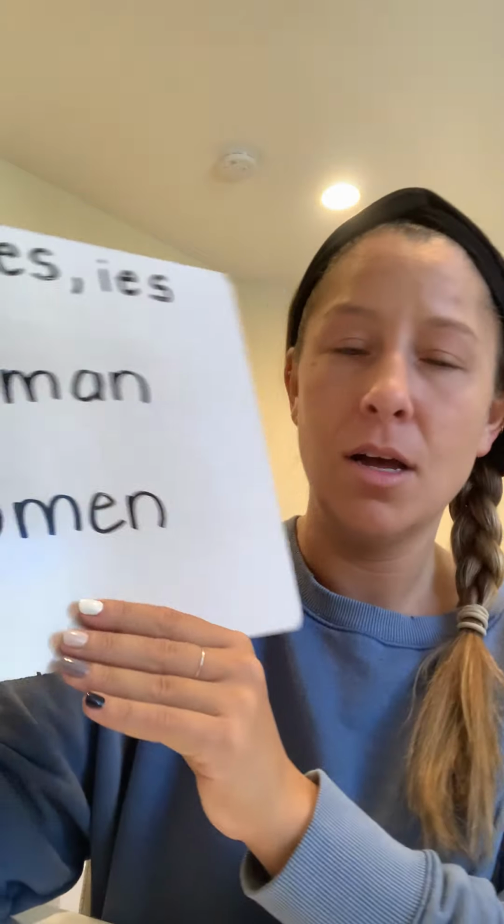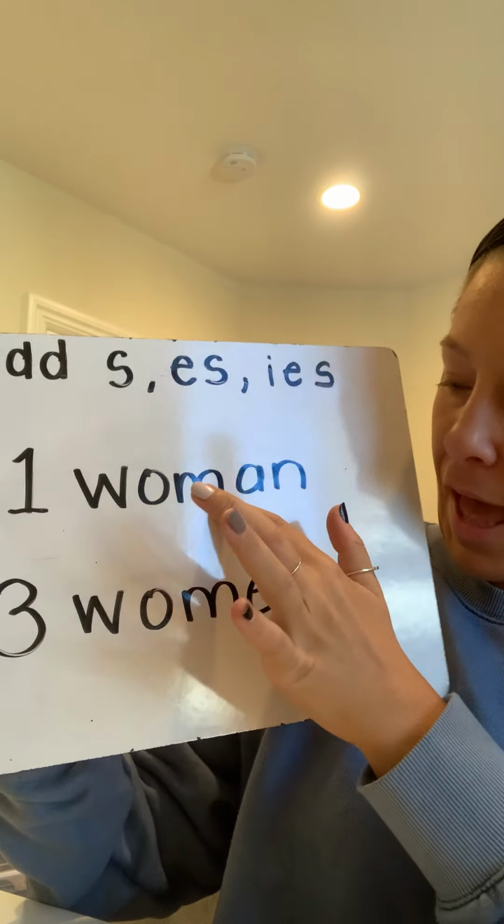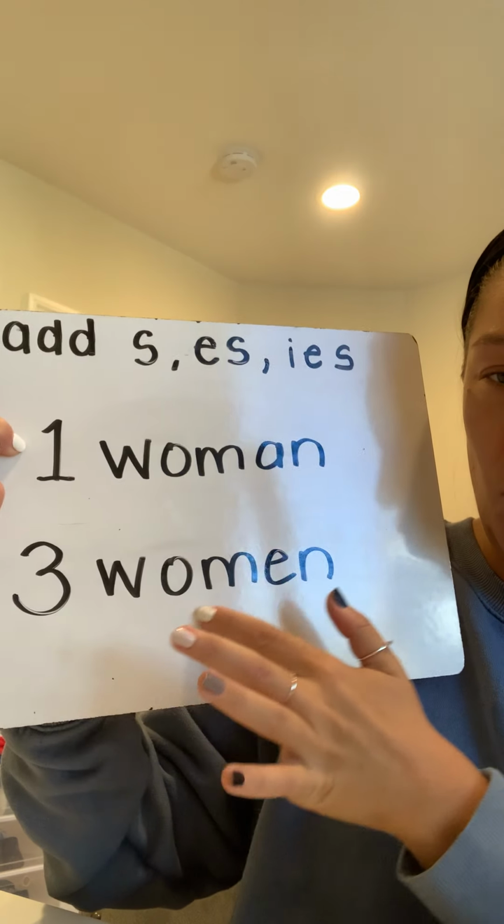Now it sounds pretty similar, but I saw 1 woman, A-N, or I saw 3 women, E-N, at the store, okay? So that one, the spelling changes. There was 1 man crossing the street, or there were 4 men crossing the street. So some words, the spelling changes altogether, okay? So we do have to look out for those tricky ones.